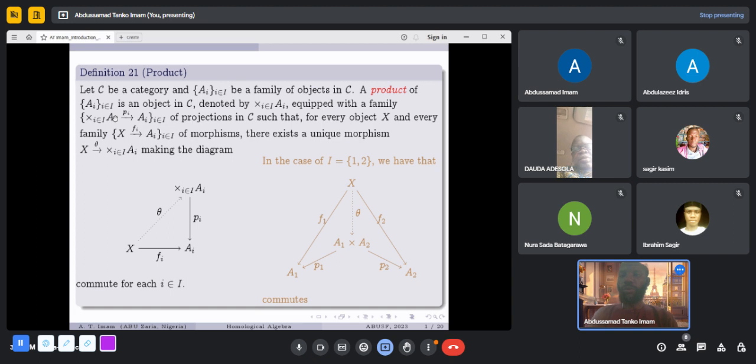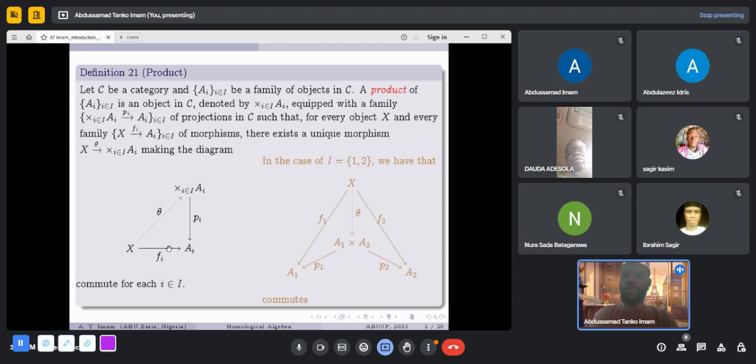So it is equipped with a family of projections from the object which we call the product into each member of the family, such that for every family of morphisms from any other object X into the objects in the family, there is a unique morphism from the object X into the product, making this diagram commutative.